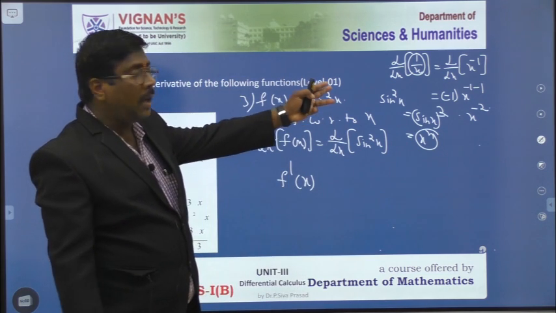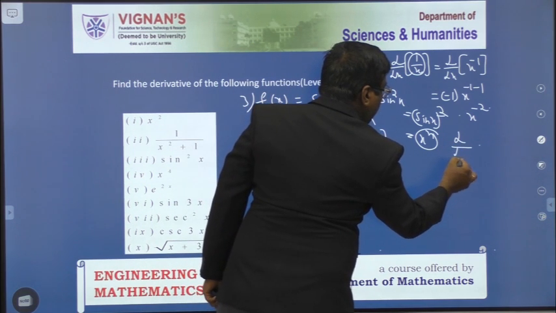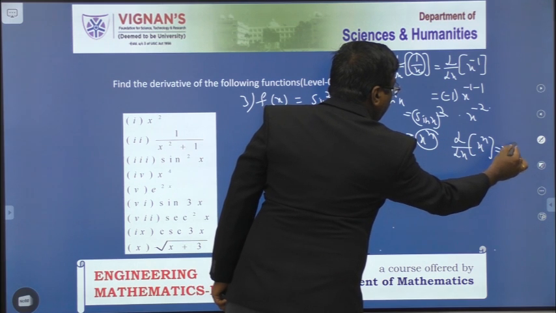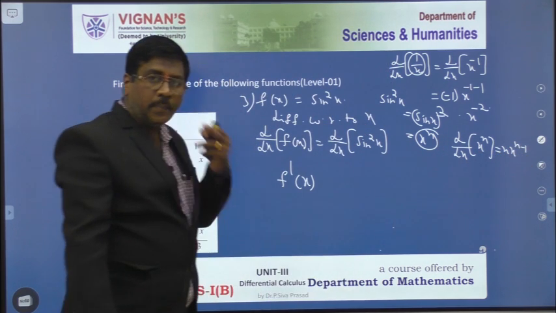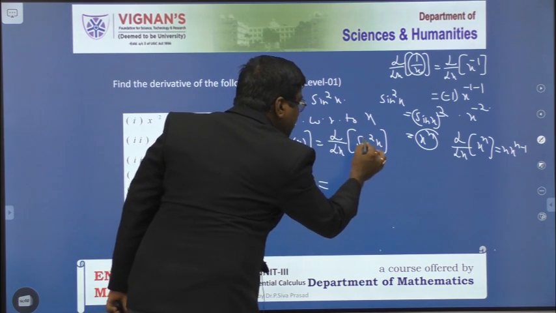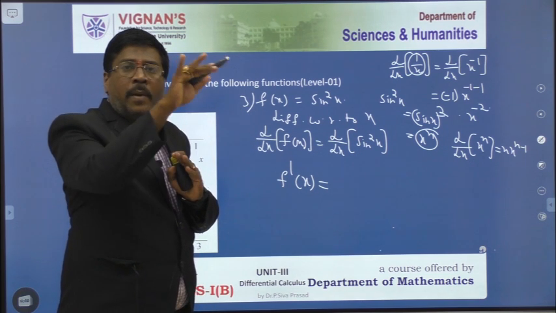Because what is the formula that we have to know? d by dx of x power n is equal to n into x power n minus 1. Now I have to assume this sine x as x only. Then that is in the form of x square.